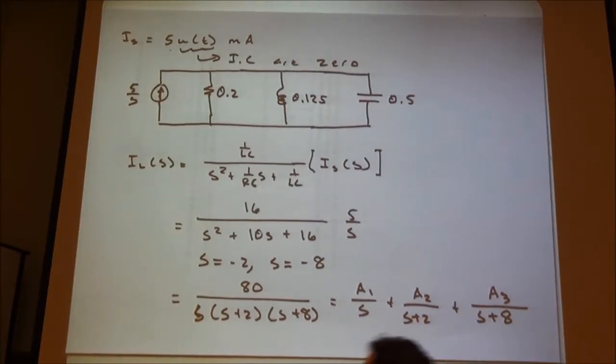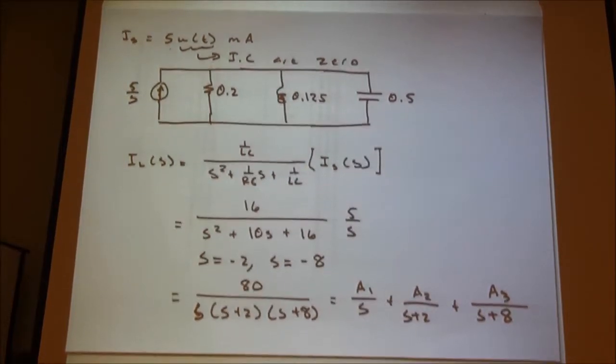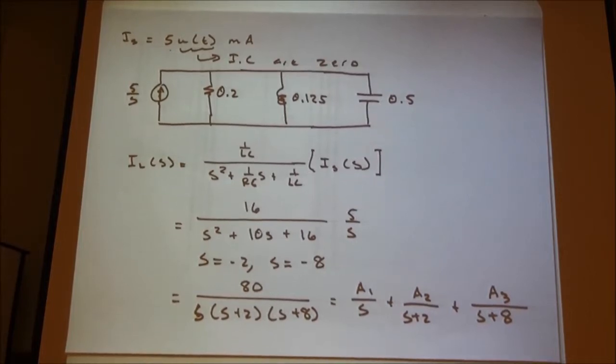So the magic here is to get it in that form and then plug in the numbers. Now I skipped a bunch of steps because we've seen this, but is everybody comfortable with what we just wrote?